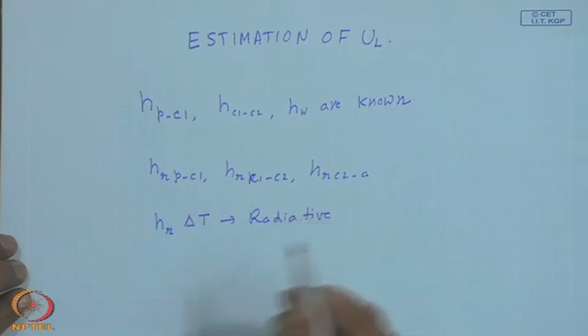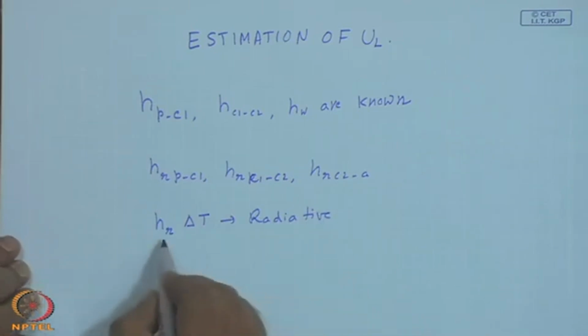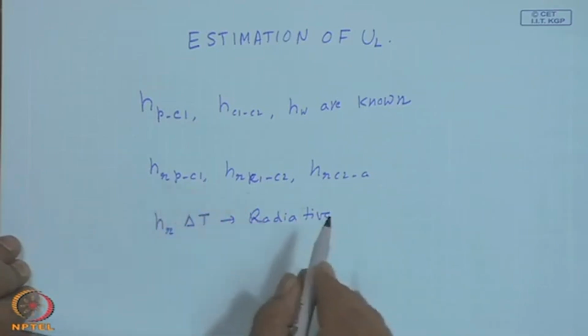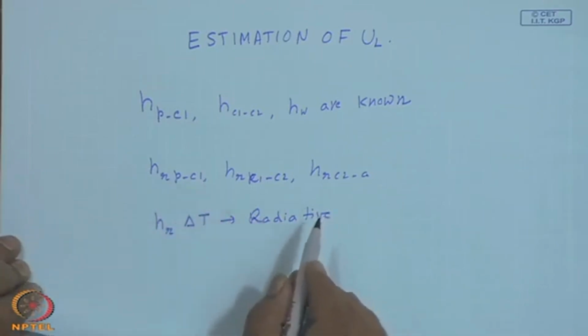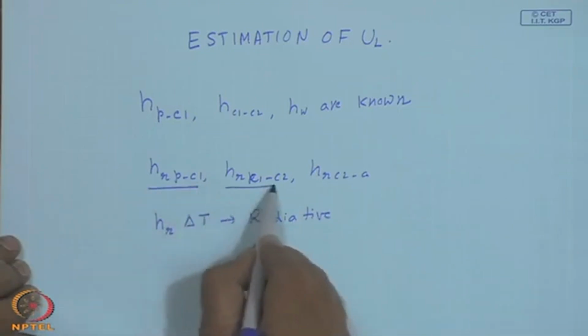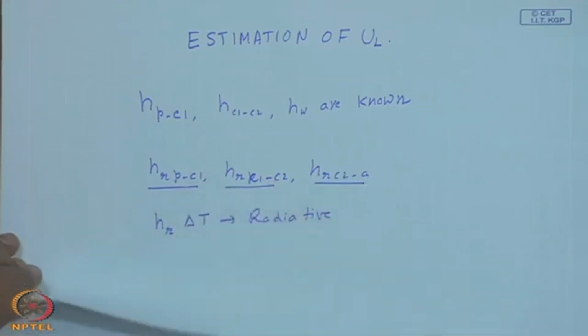Though we know that the radiative loss is proportional to the difference of the fourth power of the temperature. This has been expressed similar to that of convective loss. Then nonlinearity is absorbed in the definitions of the radiative heat transfer coefficient.